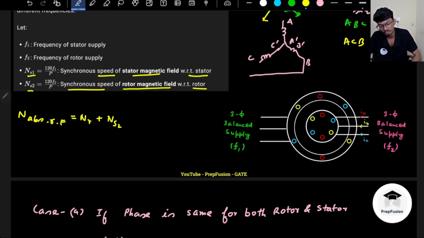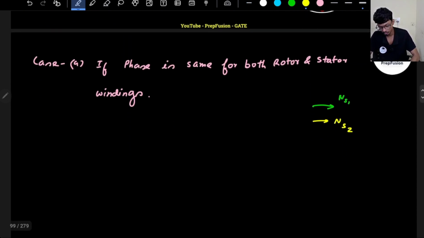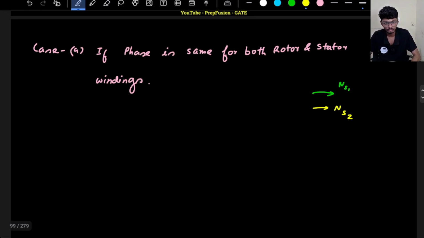Now what I need to find out: for the alignment force to work, for torque production to work, what do I know?